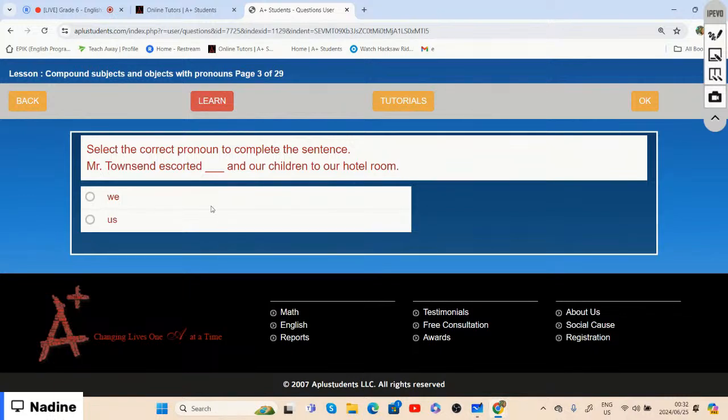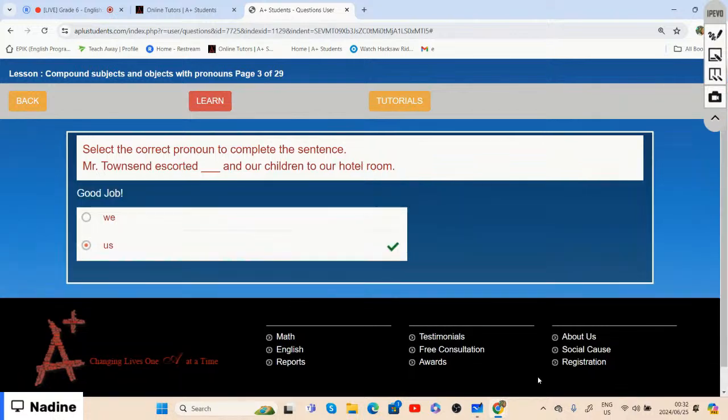We will say Mr. Townsend escorted us and our children to our hotel room. And we're specifically using us because us comes after the action verb, which is escorted.